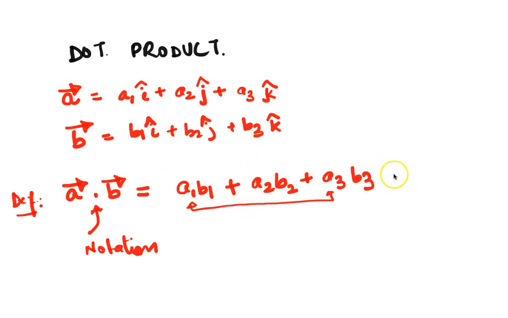There is no concept of direction here, so there is no i, j and k cap, and so this is a scalar quantity, and hence it's a scalar product. So this is one of the simplest forms of doing a product between two vectors.